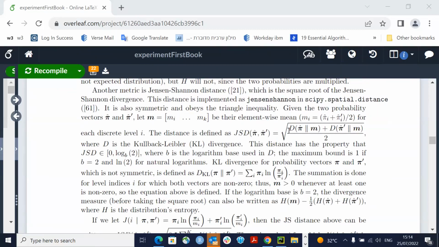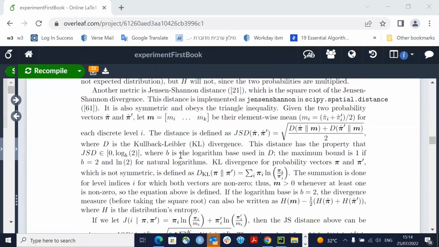Even though the Kullback-Leibler distance isn't symmetric, this will end up being symmetric because you can just flip the two inputs. And it still works if there's a category that's 0 in at least one of them, and that's important.